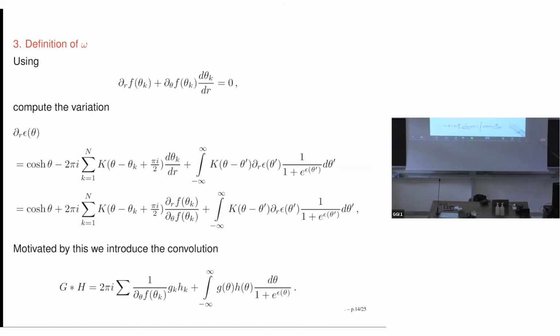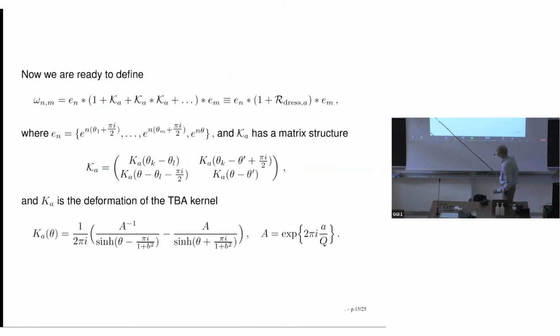And so G and H are functions, like a vector G1, G n, and then G of theta, the continuous part. Something like that. And then the convolution between them is given by this formula.